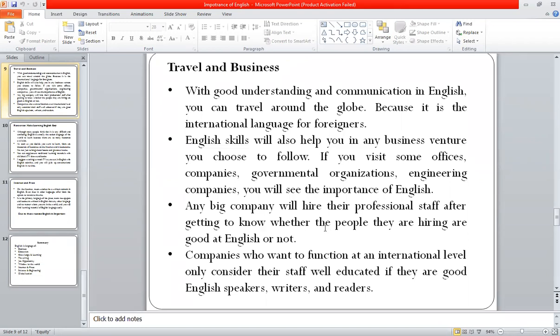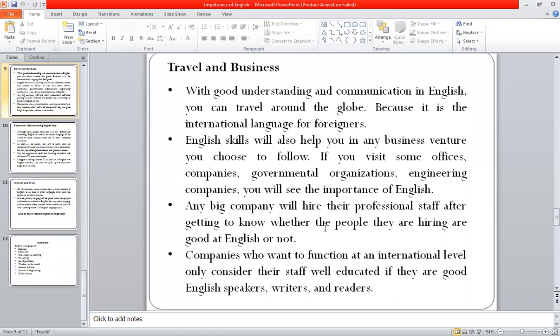They check your conversation skills and communication skills for the purpose of hiring you. If they want to hire you, they will check whether you are able to communicate easily with other people or staff in this language.